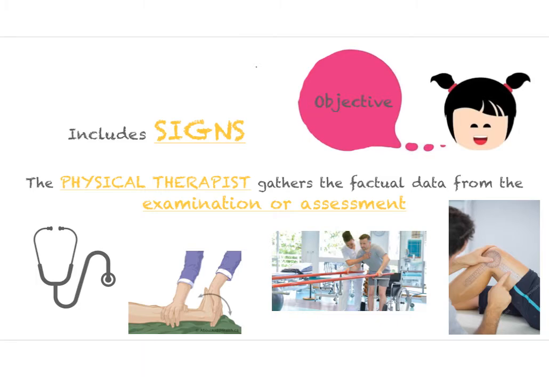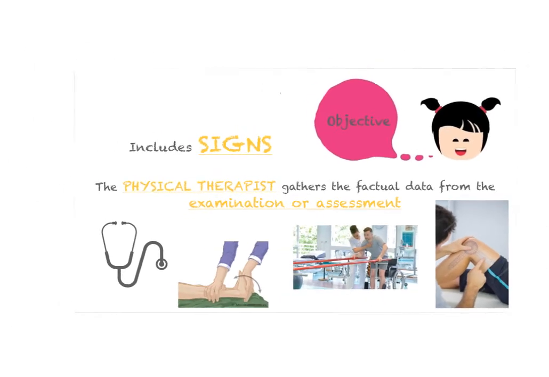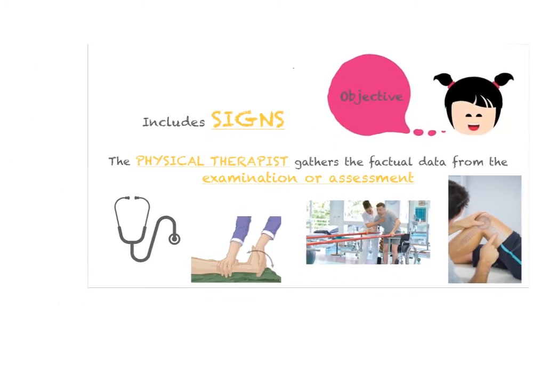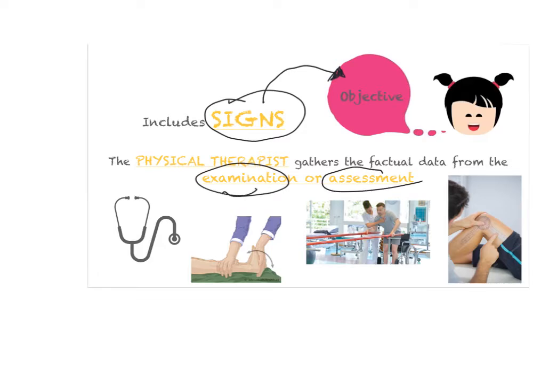So now we go to the objective part of the SOAP format. So objective, this one now includes the signs. Signs, unlike symptoms, are objective in nature. Okay, so the physical therapist gathers the factual data from the examination or the assessment.